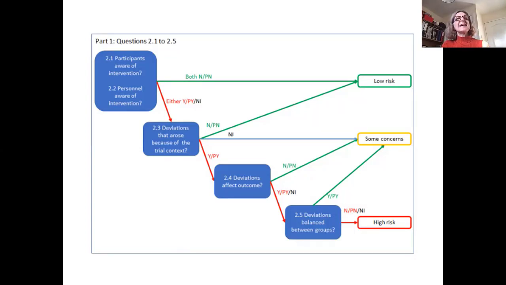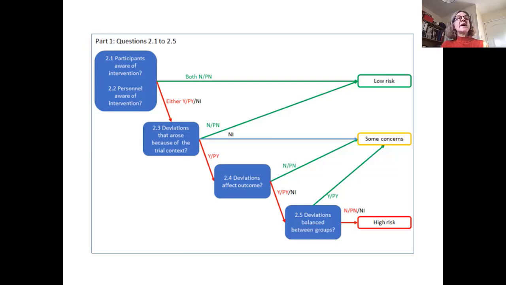And I personally have done this, and I'm sure that we've all done this, is noted that participants and personnel aren't blinded, and we've ticked high risk of bias. However, with risk of bias 2, with the revised tool, we're asking people to think in a little bit more depth about whether perhaps a lack of blinding might have actually affected an effect estimate, rather than just assuming that it has, if that makes sense.